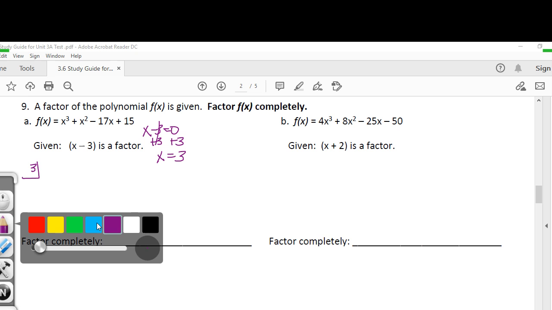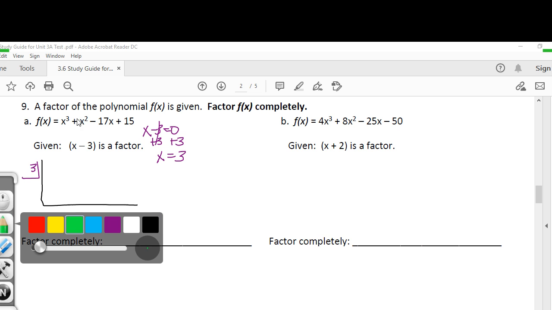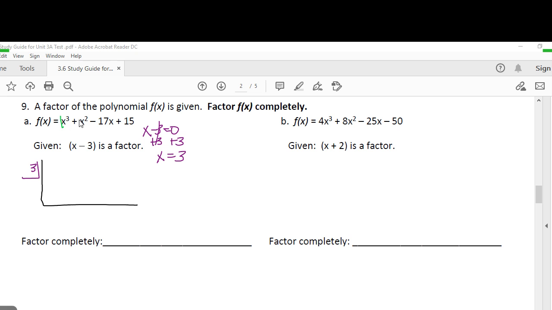I'm going to go find my coefficients. Make sure I have all of them. Cube, squared, 1, none. So 1, 1, -17, +15.